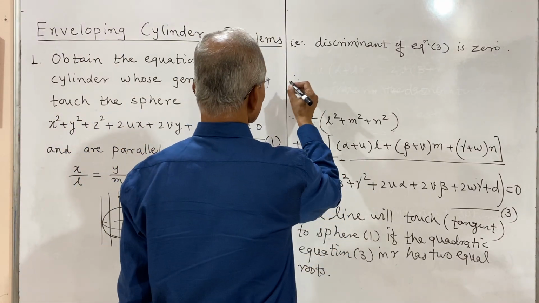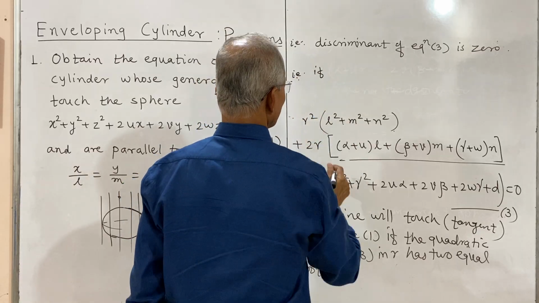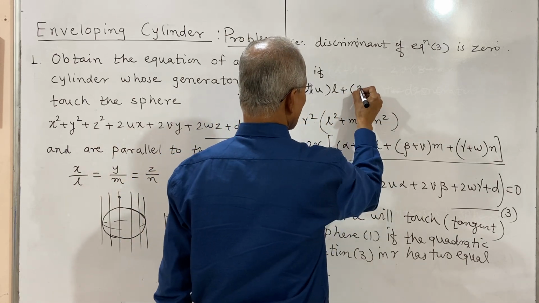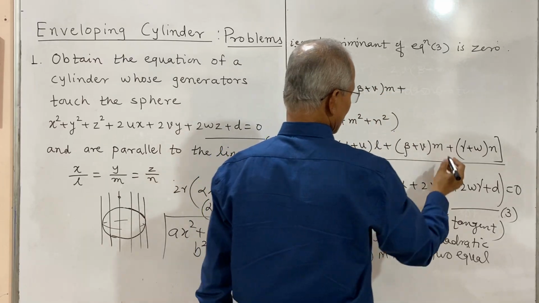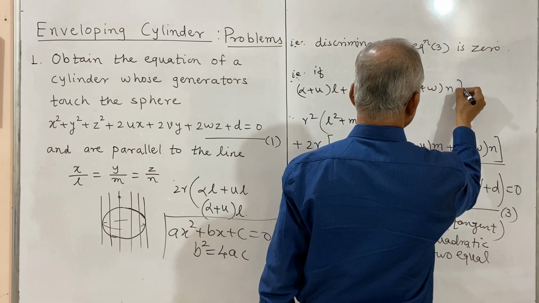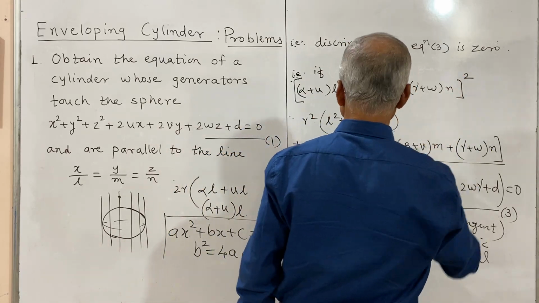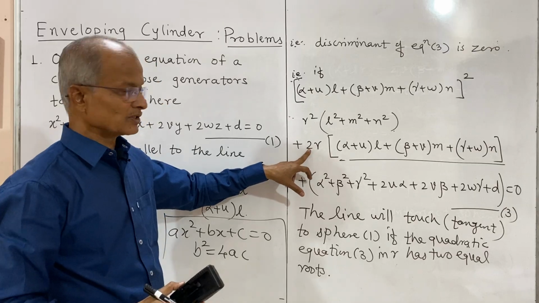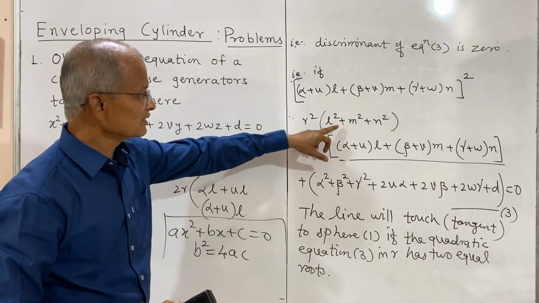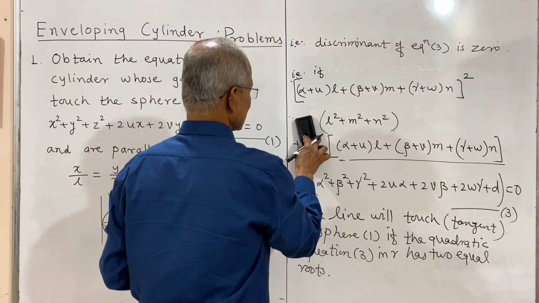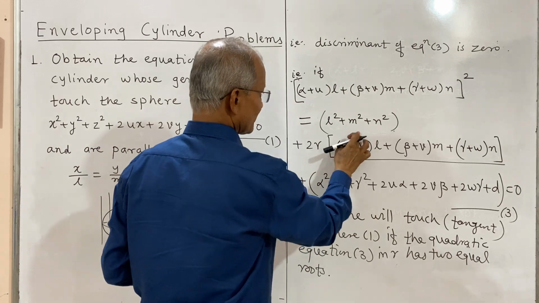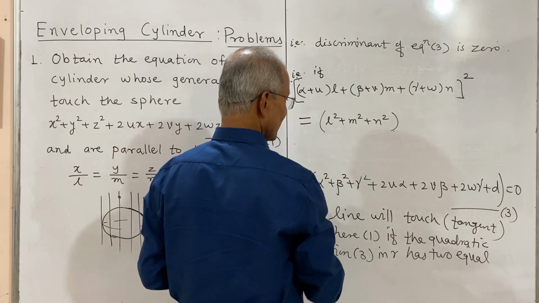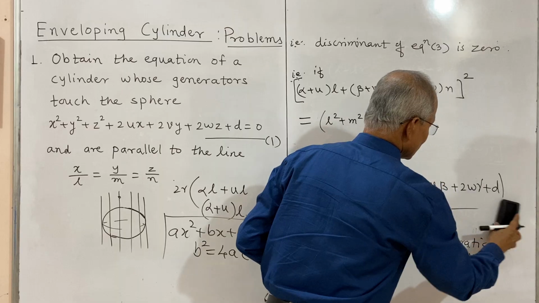So the condition is that alpha plus u into L plus beta plus v into m plus gamma plus w into n, whole square, that is b square, is equal to, after cancellation of 4, a into c, this term multiplied by the other term.